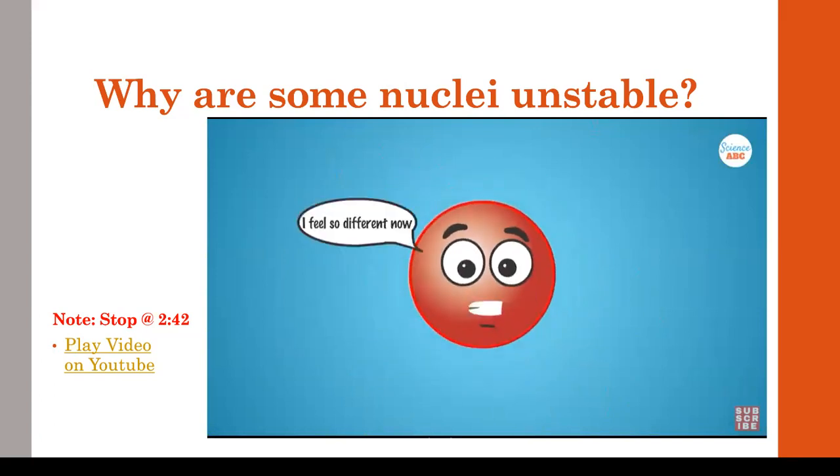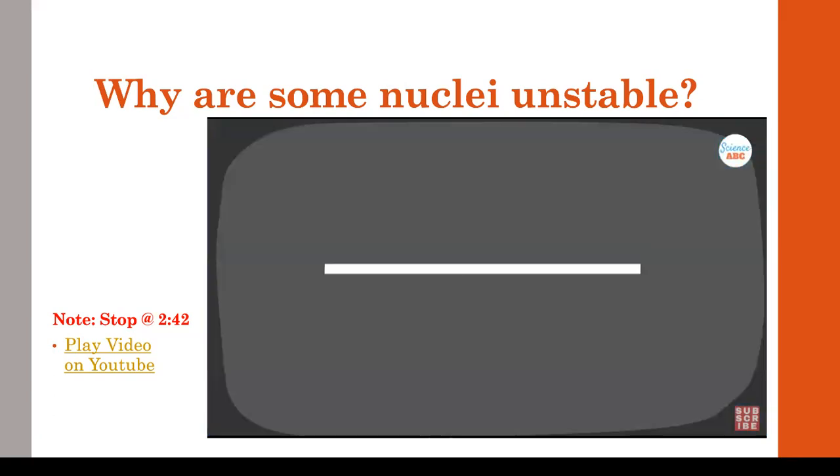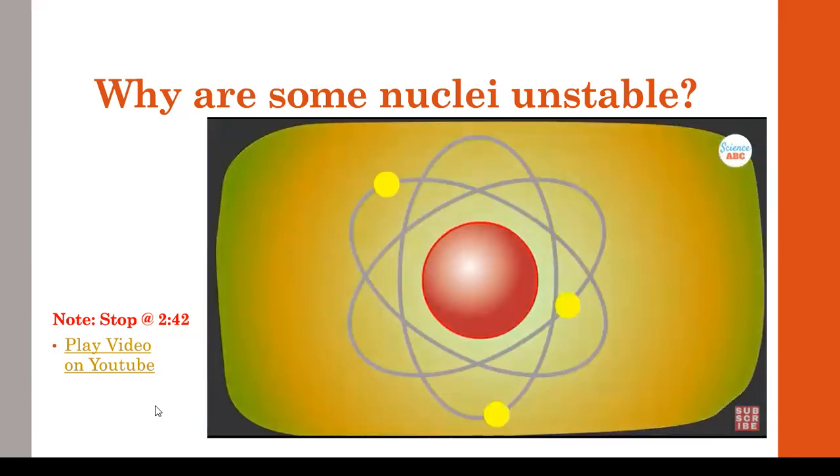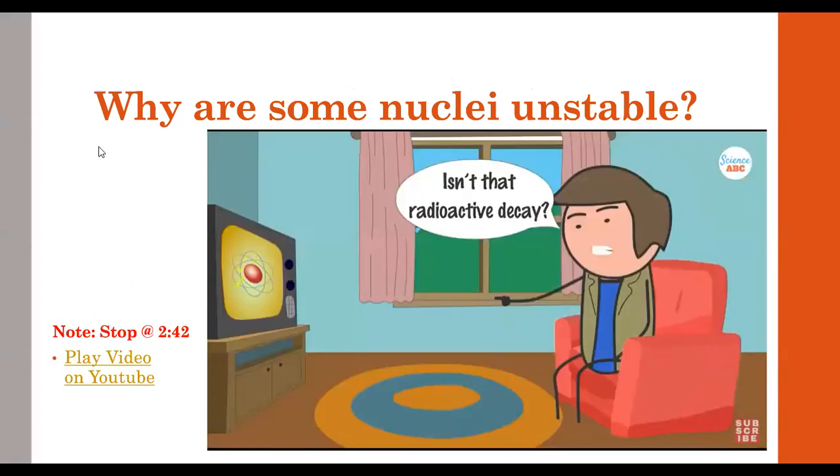During this process of attaining stability, they change into a new nucleus. It is exactly this property, namely turning into something new to attain stability, that we call radioactivity. The process by which it transforms is called radioactive decay.